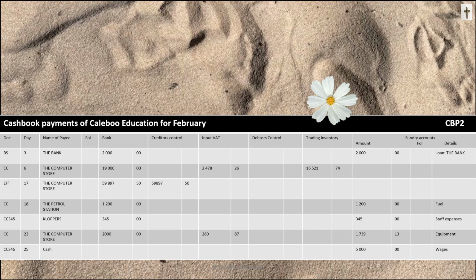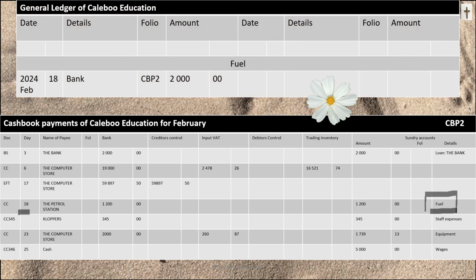the next transaction we're going to post to the general ledger is this payment of fuel, which took place on the 18th. So let's go ahead, and we see we have the fuel account, and the fuel account is N12, nominal account number 12.